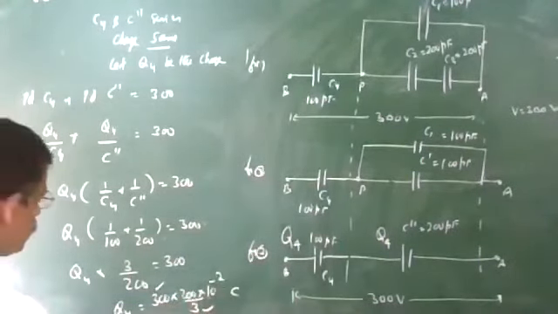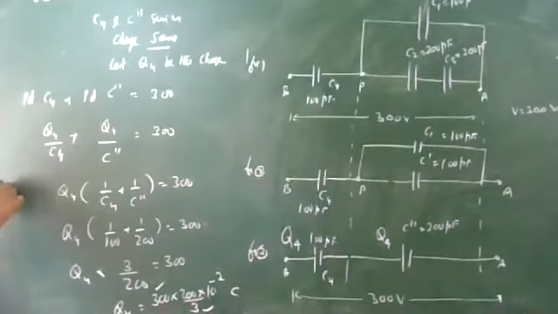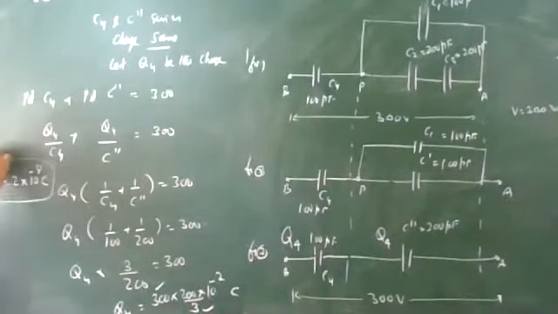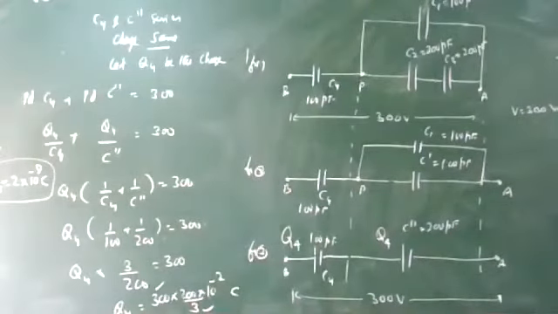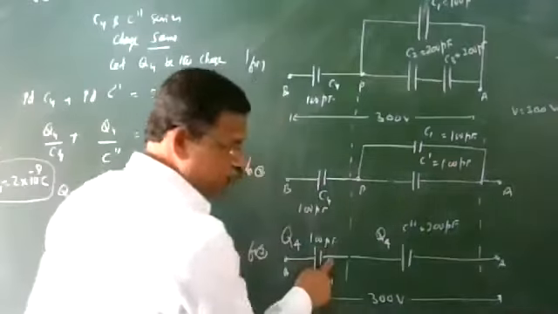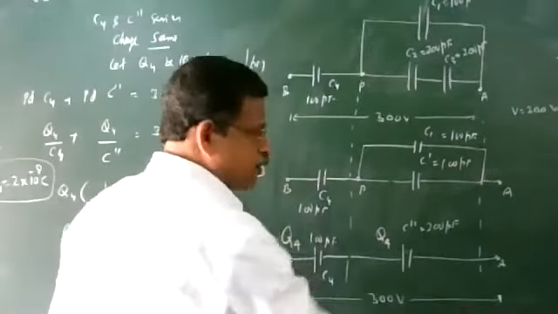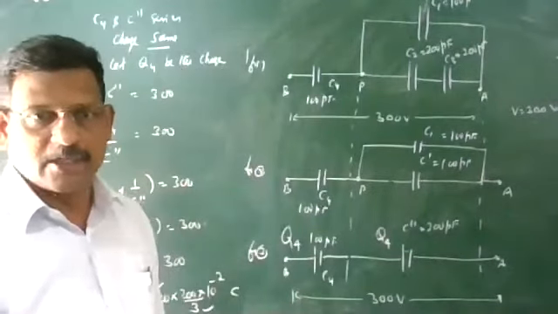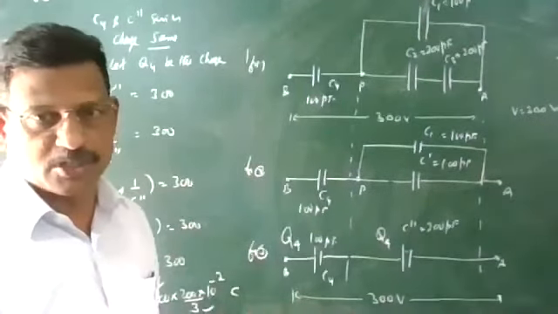So Q4 is 2 into 10 to the power minus 8 coulomb of charge. So the charge on this is 2 into 10 to the power minus 8 coulomb. Okay, that is the first part. Charge on Q4 is completed.